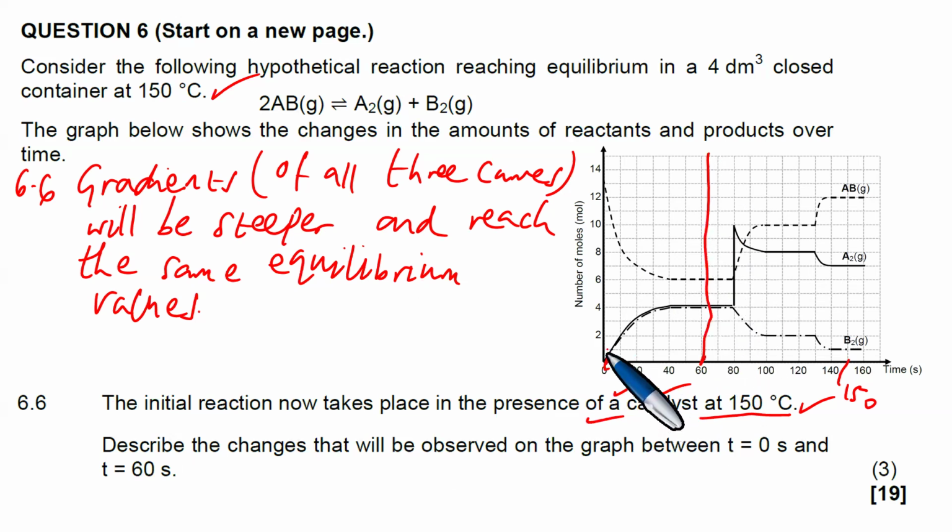So equilibrium is going to be reached quicker than without the catalyst, but they reach the same equilibrium values.